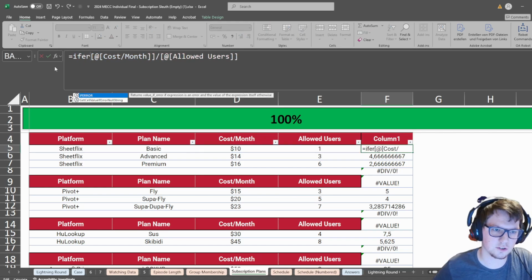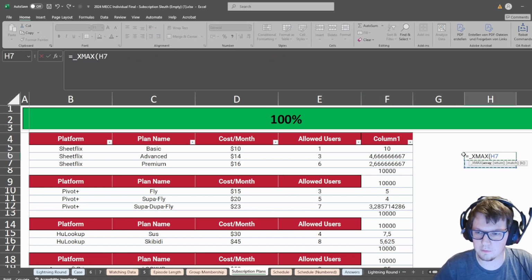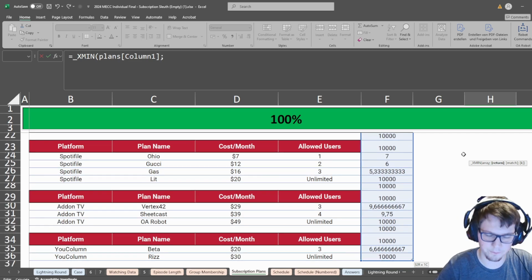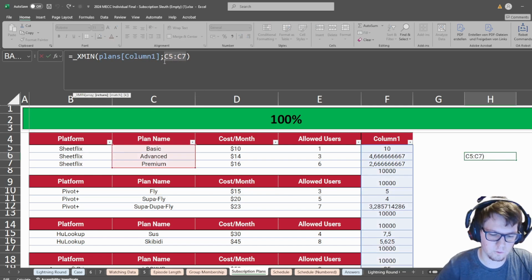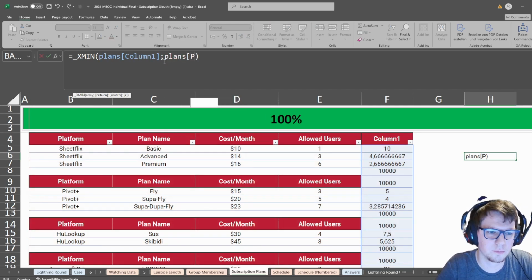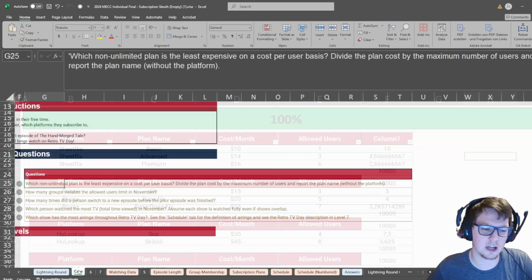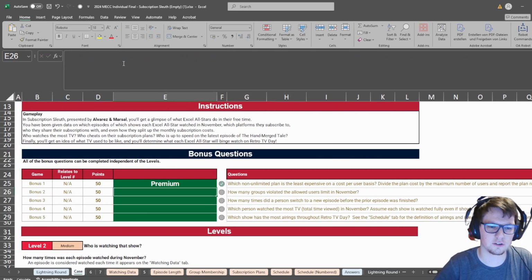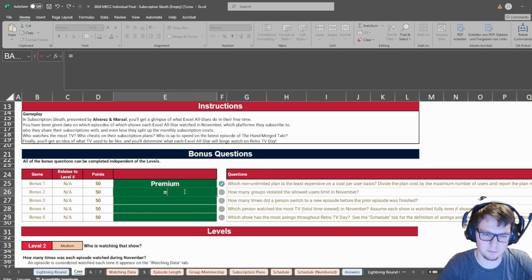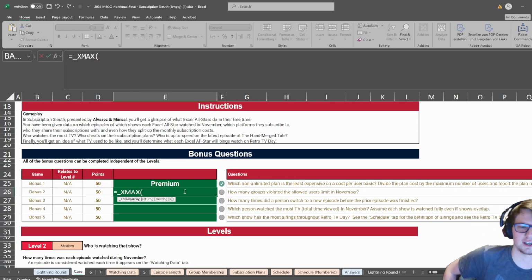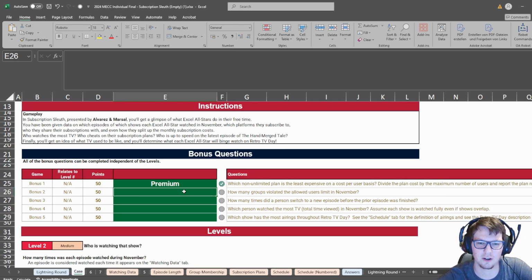We want the cheapest, so we just write IFERROR with a high number, and we can use my XMIN, which is an XLOOKUP combined with the minimum formula that I really like, because I use it pretty often, especially for bonus questions, and it also has the counterpart function XMAX, which does the same but for the maximum value, and if you don't use it, it's just a regular MAX.